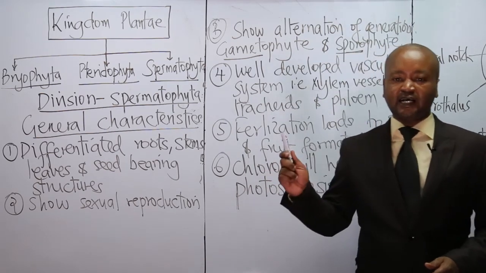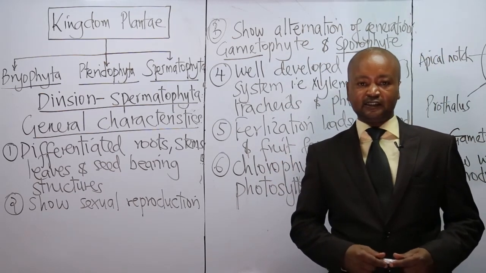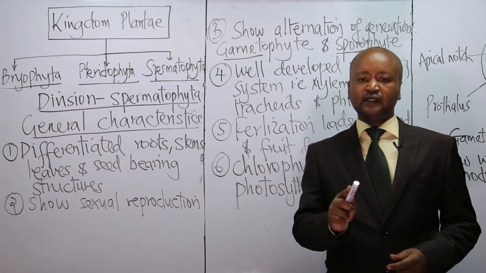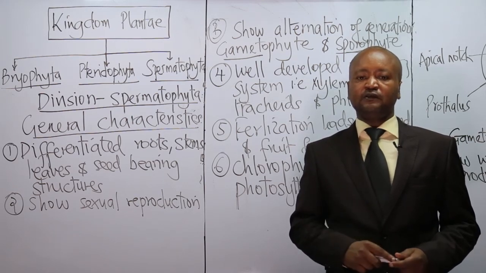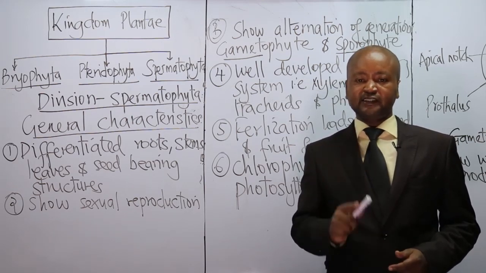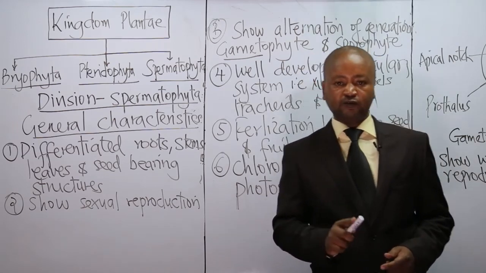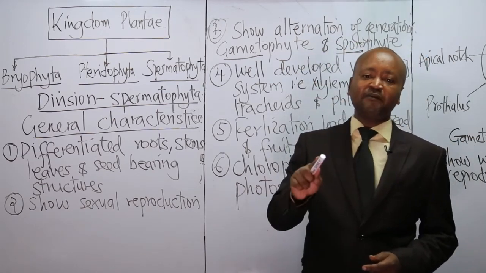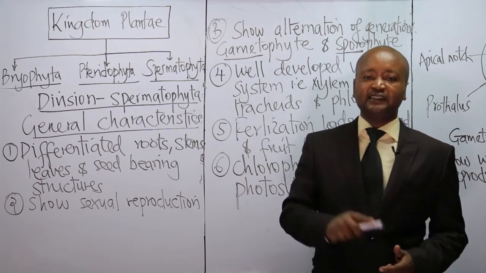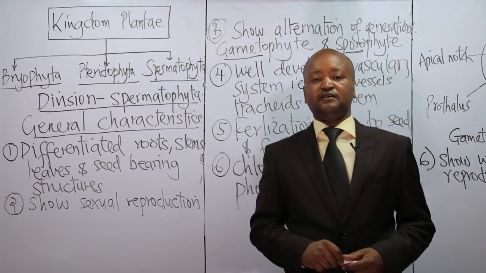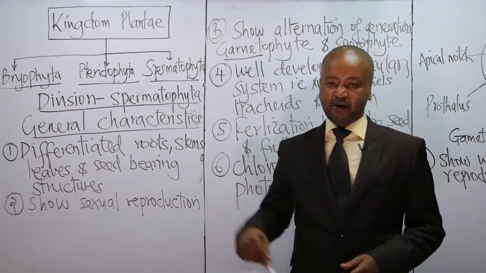But what comes out clearly from the others is that it has a well-developed vascular system that comprises not just the xylem, but the xylem has special cells, that is the xylem vessels and the tracheids, which are not found in other members.